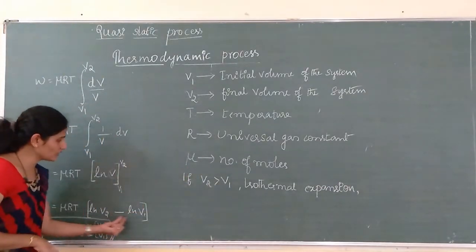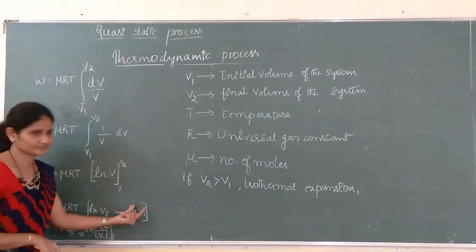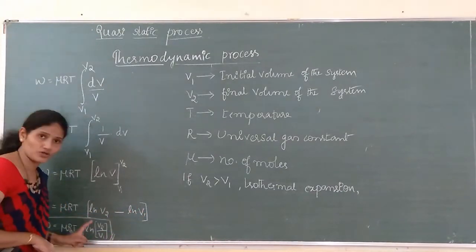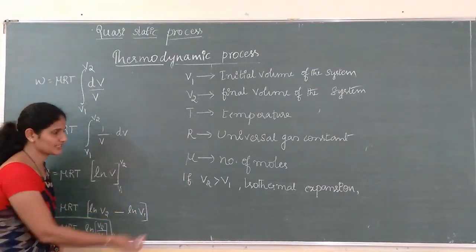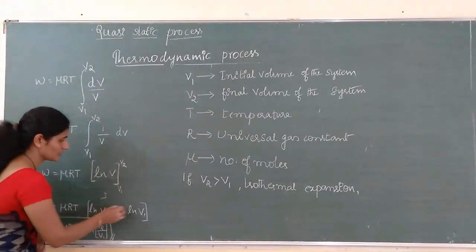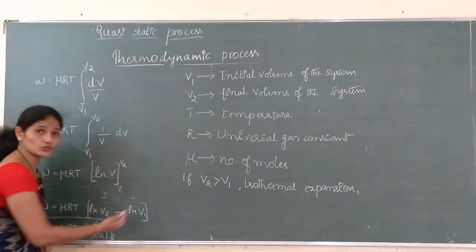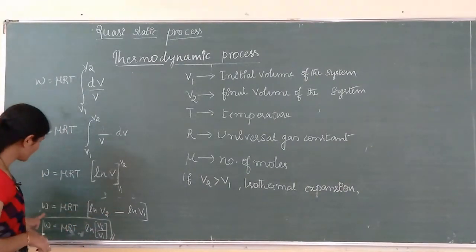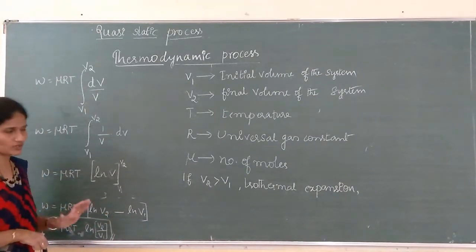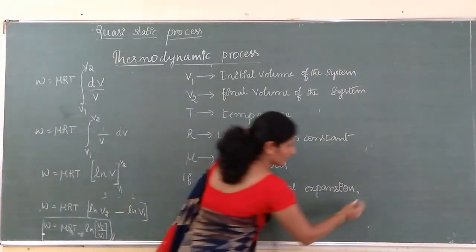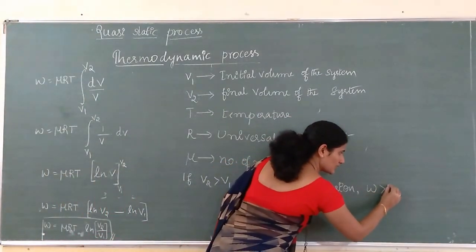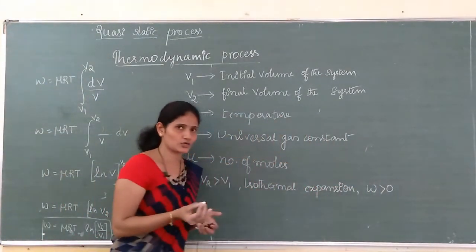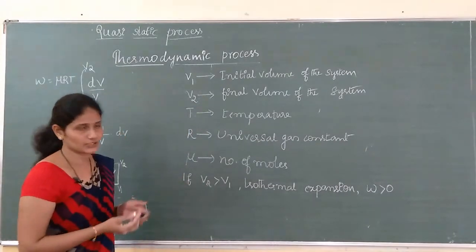If V2 is greater than V1, this quantity is positive. For example, if V2 is 3 and V1 is 2, 3 minus 2 is positive, therefore work done W is positive, greater than 0. If it is less than 0, that means W is negative.